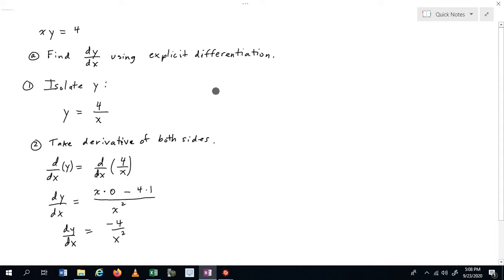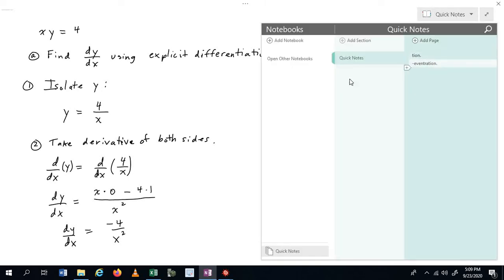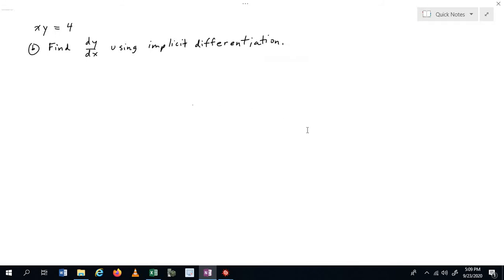Okay, let's do the same problem, but this time we're going to find dy dx using implicit differentiation, which is what this section is about. Okay, so if we're going to find dy dx using implicit differentiation, what we're going to do first is not isolate y. We're going to ignore the first step that we did when we did it explicitly.